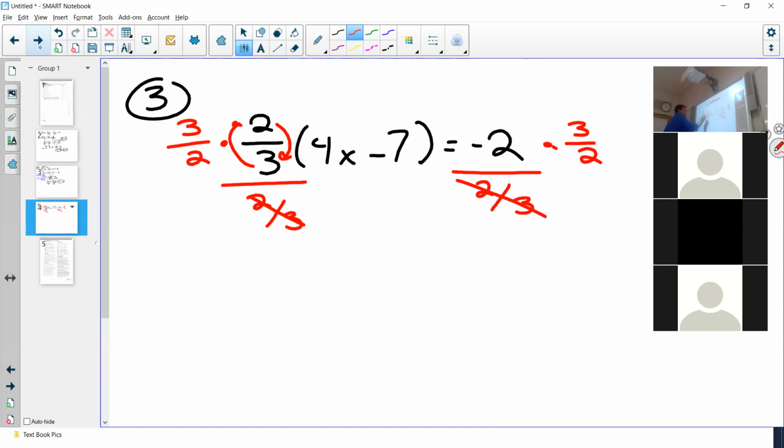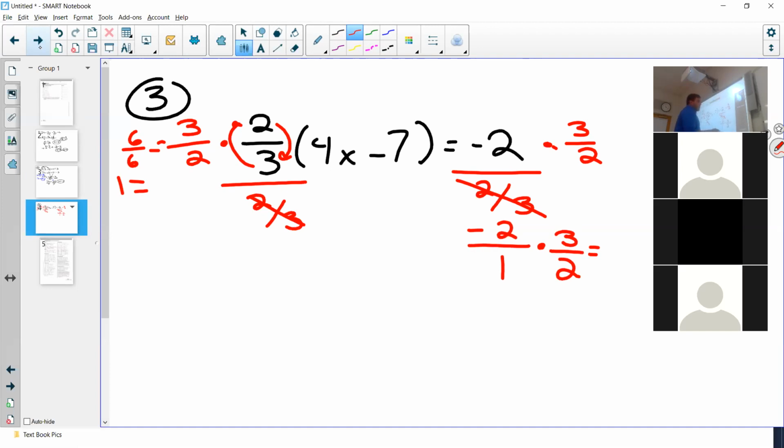The reason we do that is because if you multiply 3 on 3 and 2 on 2, it becomes 6/6, which reduces down to 1. And we want to reduce it down to 1. Now on the right side, we have -2. It's a whole number, so I'm going to put it over 1 times 3/2.